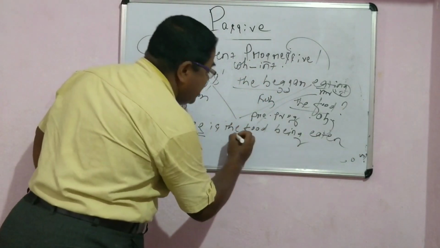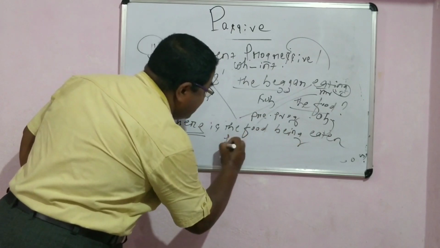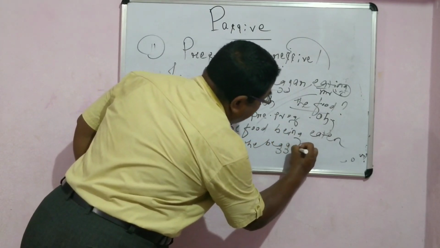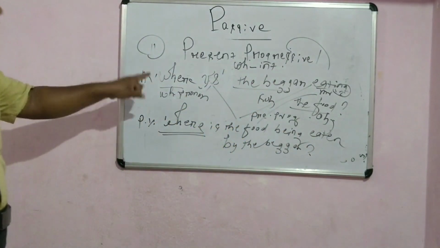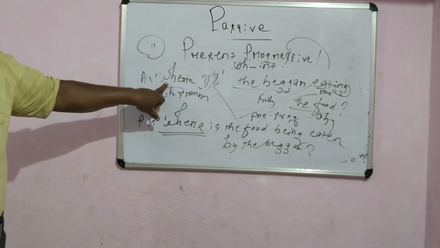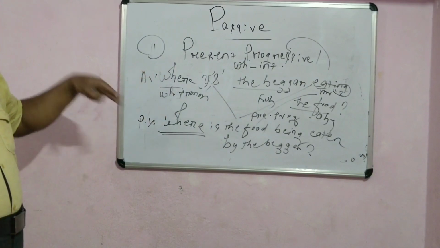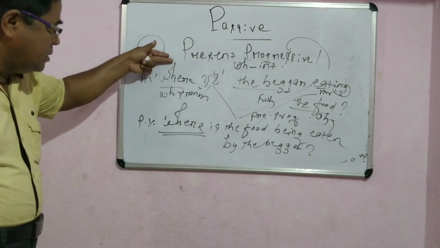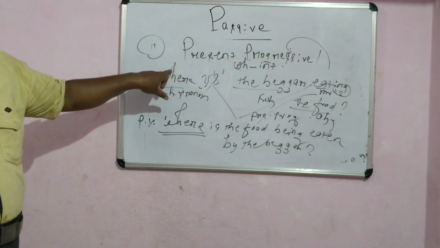Where is the food being eaten by the beggar? Question mark. Now, for the WH interrogative, you only have to add the WH pronoun. Otherwise, the same rule is there. So our yes/no interrogative, our WH interrogative, and our declarative pattern on the present progressive is over.